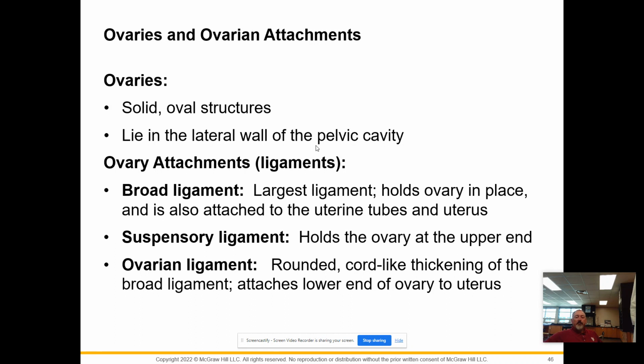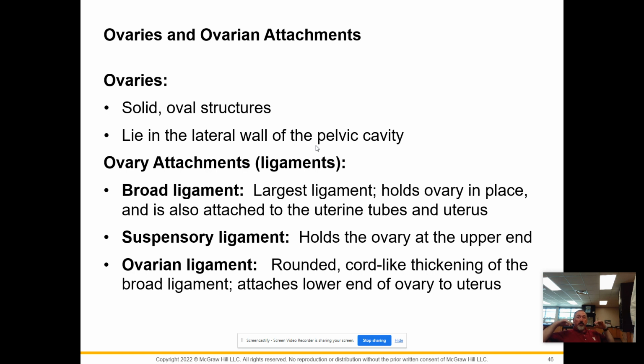All right. So let's talk about ovaries. Ovaries are going to have different areas. You're going to have the external portion. You're going to have the internal portion. We'll talk about the medulla as well in a moment. All right, so the ovaries are going to be solid structures, and they're going to be anchored very securely to the interior of the pelvic wall.